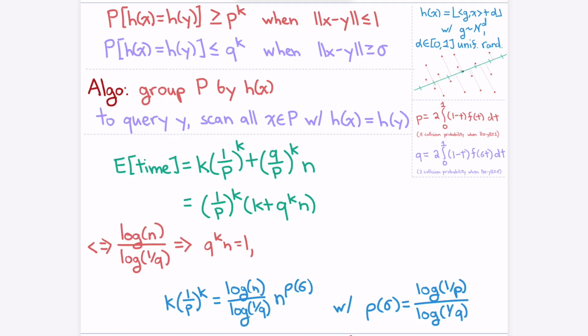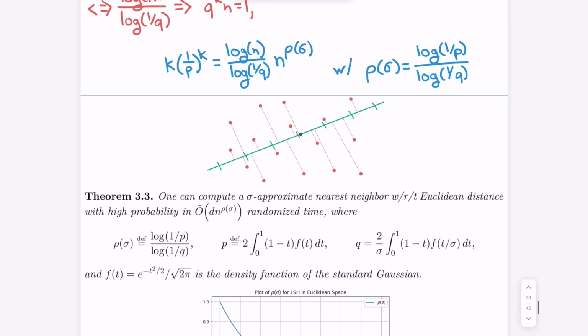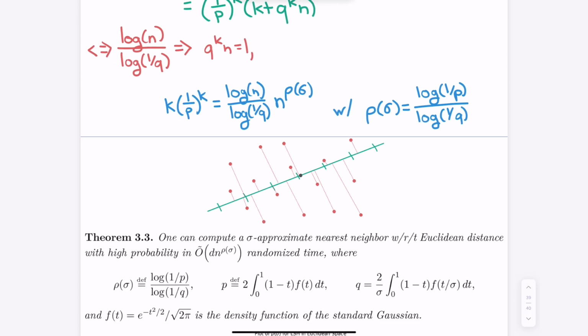All right. So that's actually the whole analysis, believe it or not. By doing this random line and then repeating the random line for one inner layer of amplification and then repeating that whole thing for an outer level of amplification and choosing those parameters correctly, we've shown that you'll spend something like n to the rho of sigma time, where rho is some function of sigma.